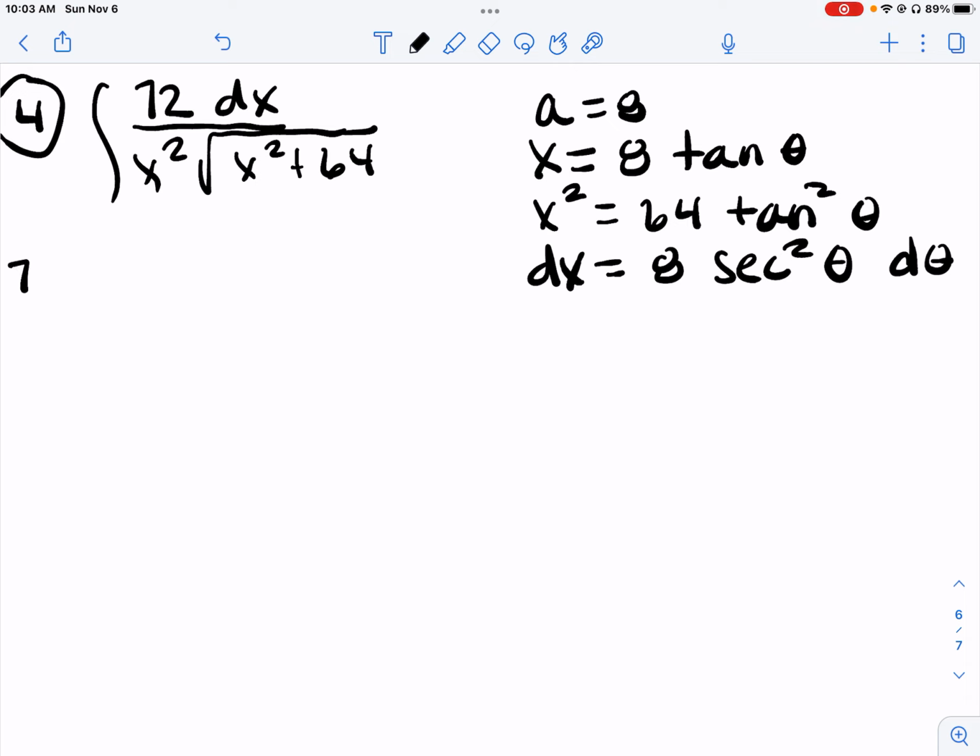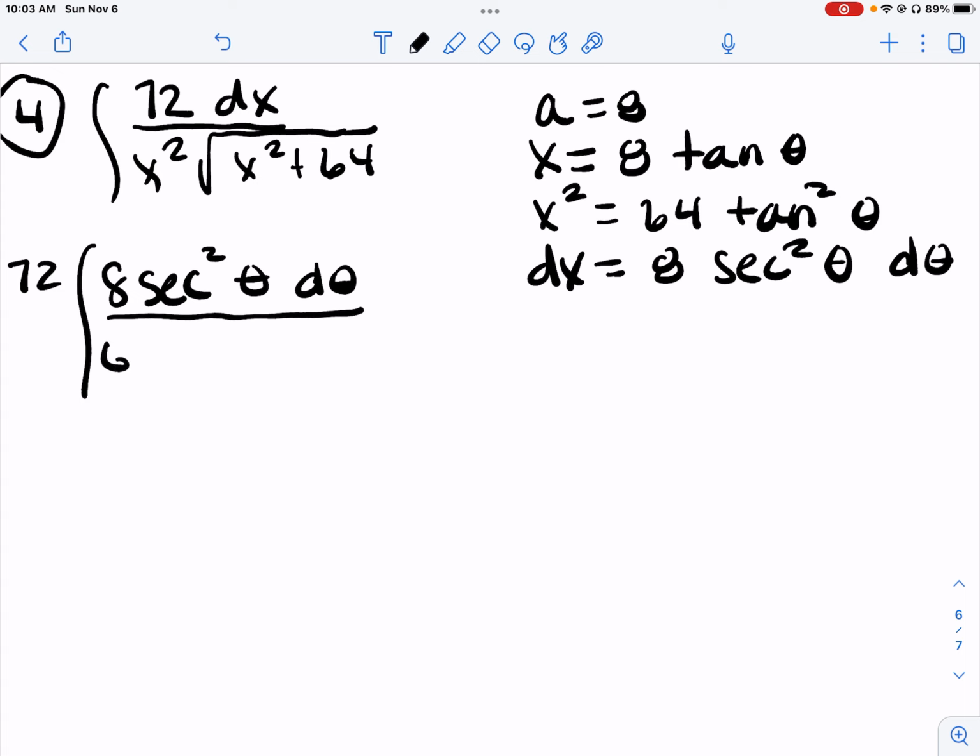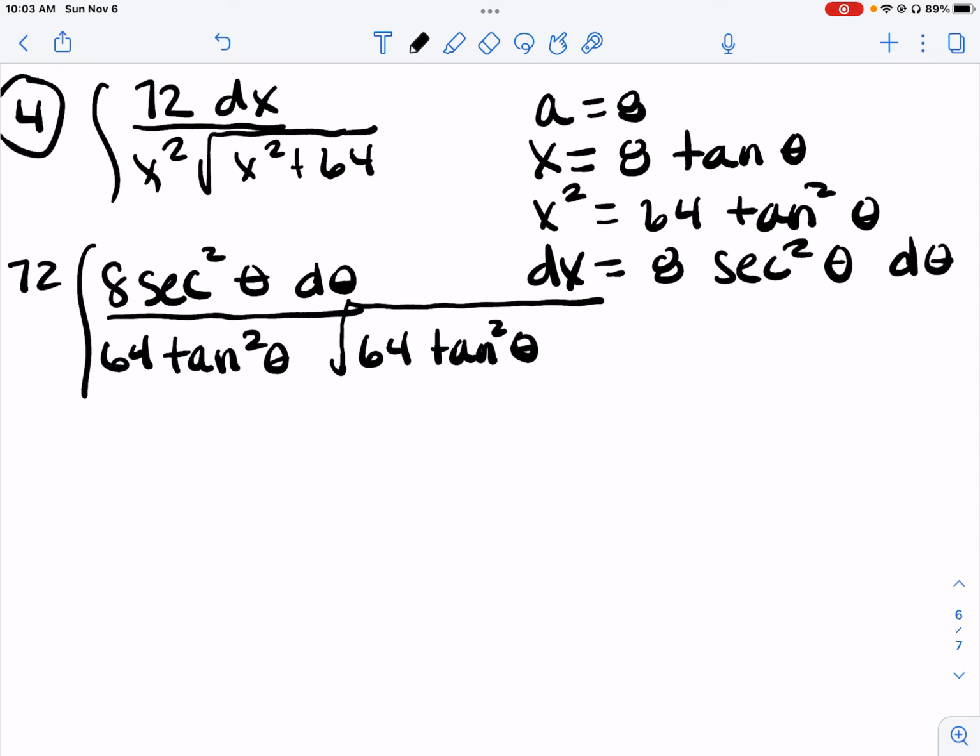Okay, so I'm just going to bring the 72 out. Put dx on top. Put x squared. Put x squared again. And the 64.